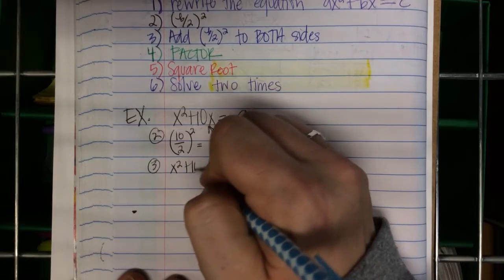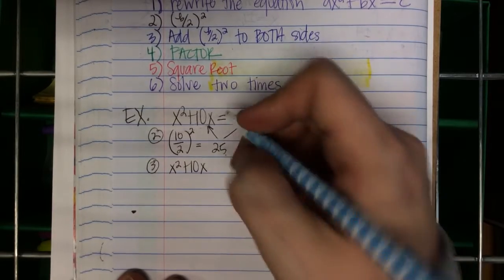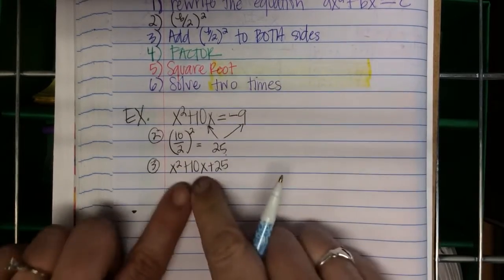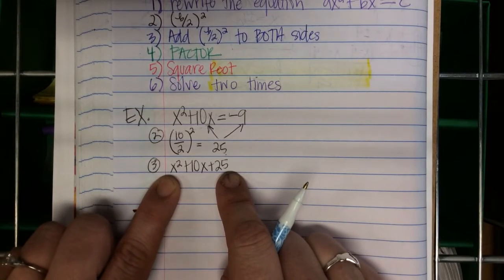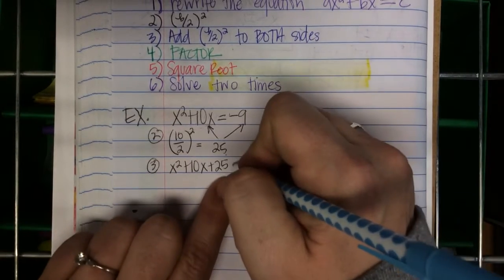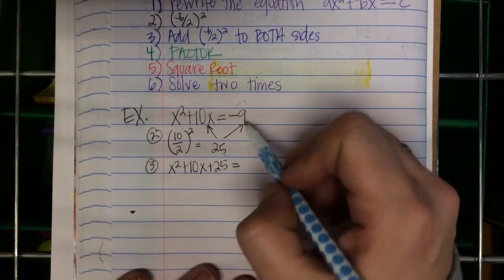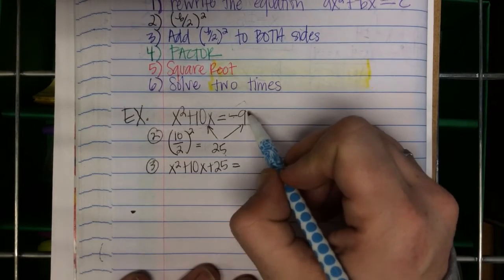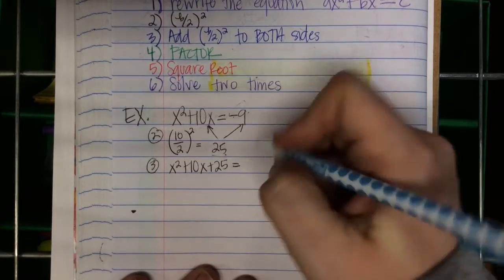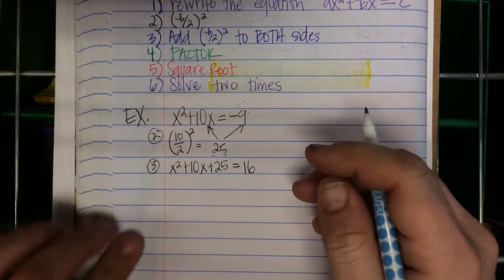X squared plus 10x, that doesn't change, and then I'm adding a 25. It can't get combined with anything because they're not like terms. Aiden, what's my new right side say? 16. Perfect. -9 plus 25 is 16.